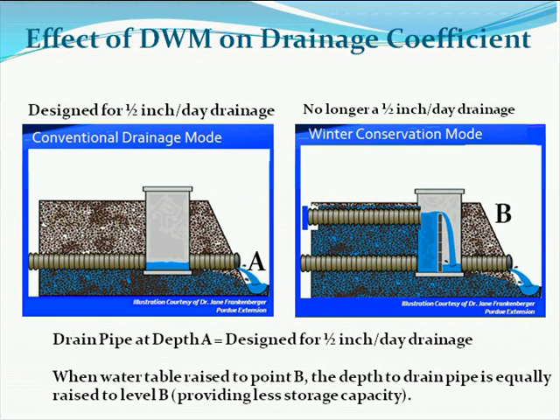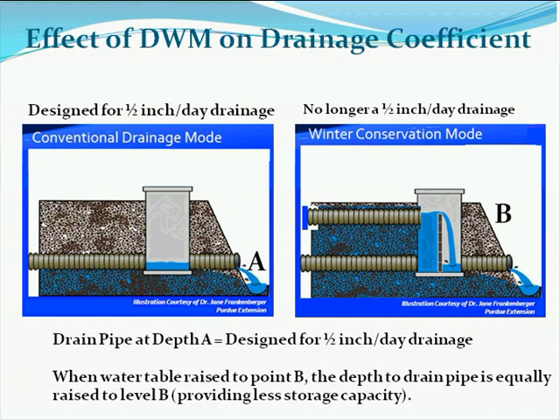So I have point A, which is the original depth of the drain pipe. Now I have on the right-hand side point B. And now I went in and added a hypothetical drain pipe at point B. Basically what it says is that during winter, and during periods, which could be any period, that the water table has been raised, we practically have reduced our drainage coefficient.